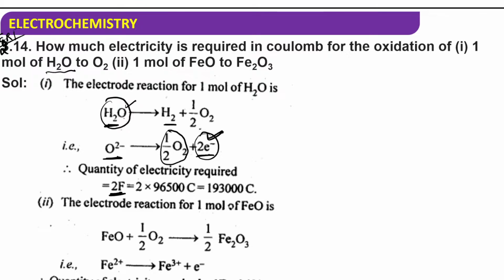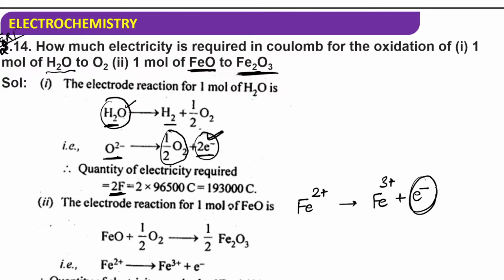Next is 1 mole of FeO to Fe2O3. So electrode reaction for 1 mole of FeO is like this, because in FeO iron is 2+ and in Fe2O3 iron is 3+. Because in 1 mole of FeO there is only 1 Fe2+. So 1 Fe3+ is formed plus 1 electron.